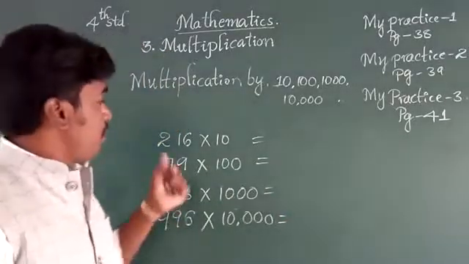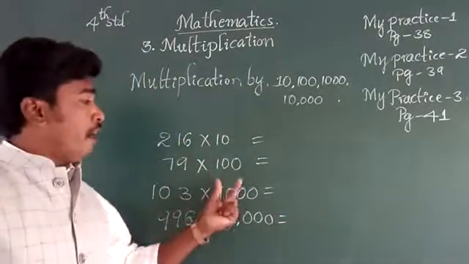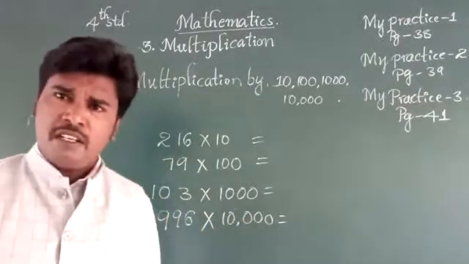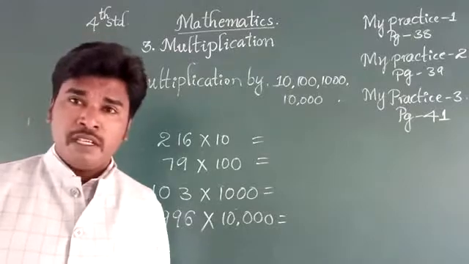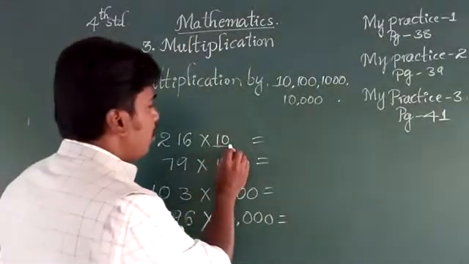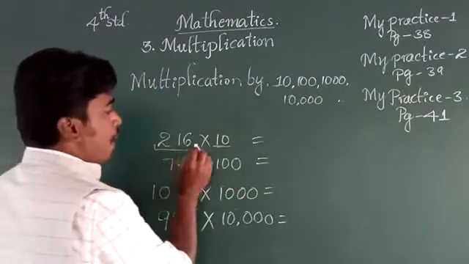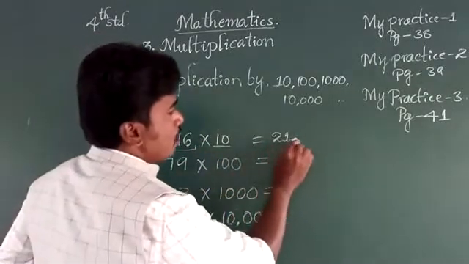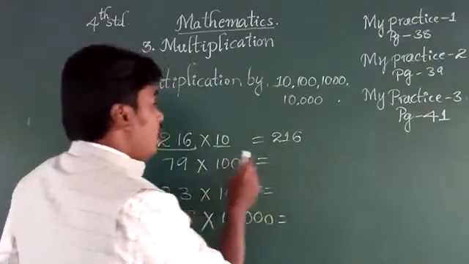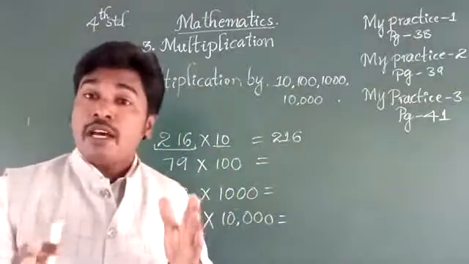Please observe carefully. It's very simple to multiply these types of numbers. When you are multiplying with 10, write the number as it is, 216. In 10, how many zeros are there?